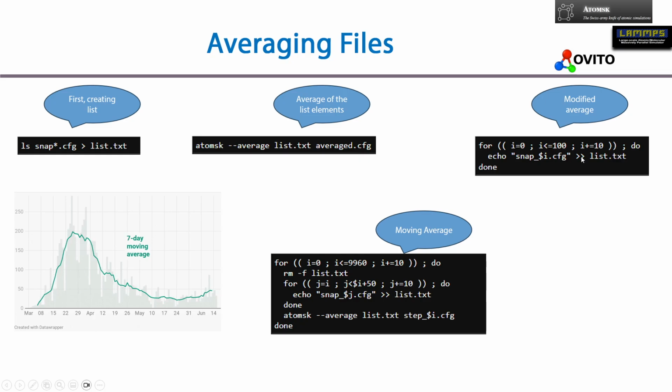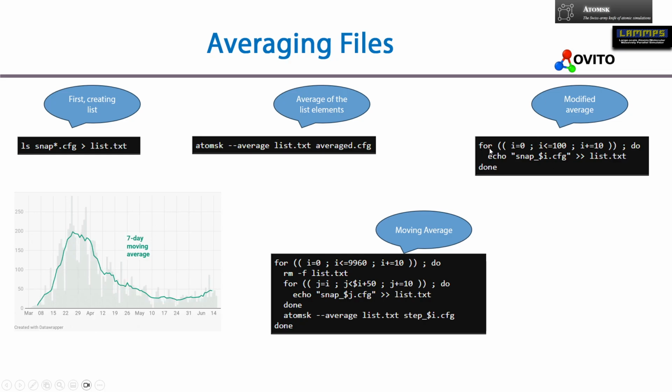Now if you want to do a modified average, for example, if you have 500 files and you want to run a loop so that you can get the average of 100 files, or the average of every 10 consecutive files, you can run a loop like this one.